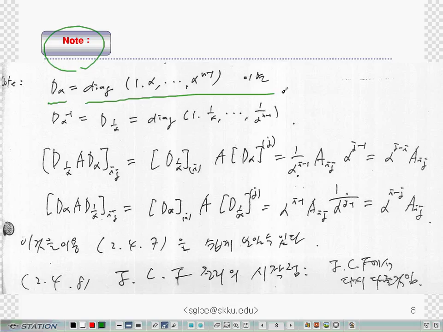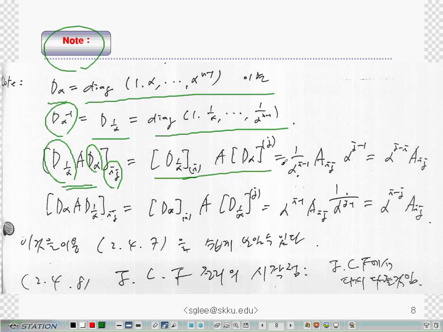Okay? And some notes here. Let D alpha be this. Then D alpha inverse can be written in this way. If we multiply D 1 over alpha and D alpha on both sides and find the ij entry of this matrix, then by the row-column notation, this ij entry is a product of the i-th row, the matrix A, and the j-th column of D alpha. So it can be written in this way.